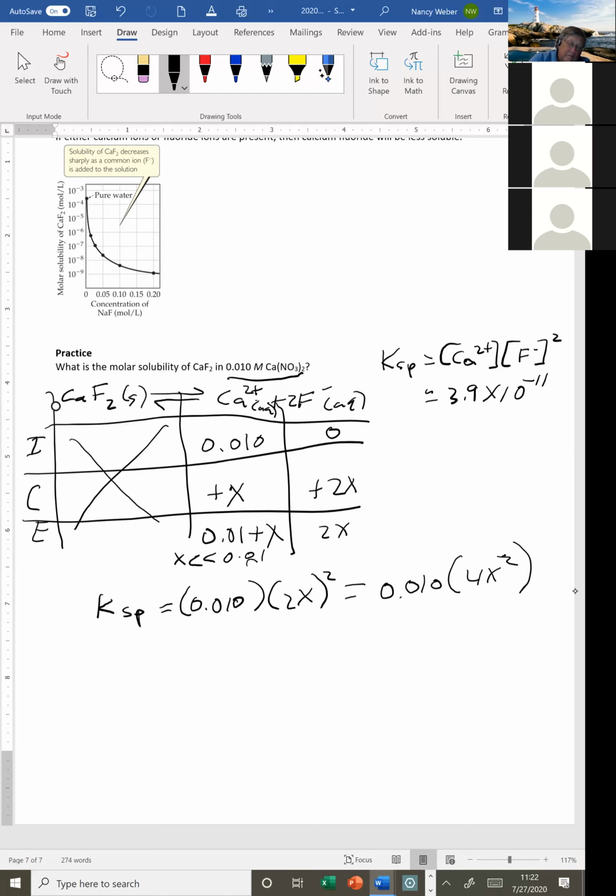Okay? So that's 0.040 x squared is going to equal 3.9 times 10 to the minus 11. X squared is going to be 3.9 times 10 to the minus 11 divided by 4.